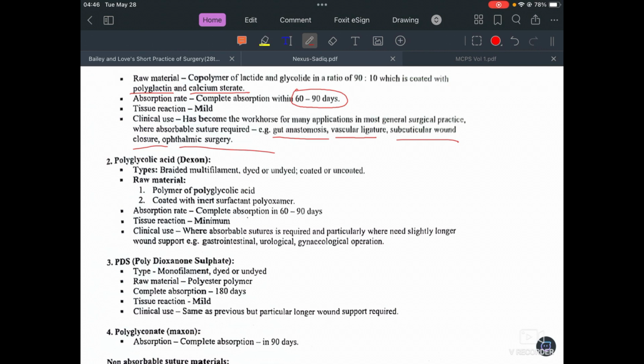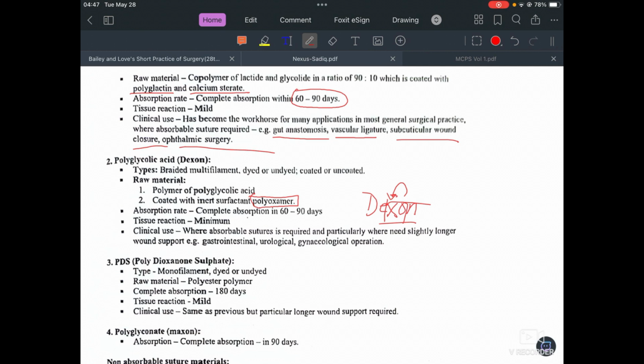The polyglycolic, Dexon, the braided multifilament, dyed or undyed, coated or uncoated. Raw material, polymer of the polyglycolic acid coated with the inert surfactant, polyoxamer. So this is a polyoxamer. Dexon, polyoxamer.